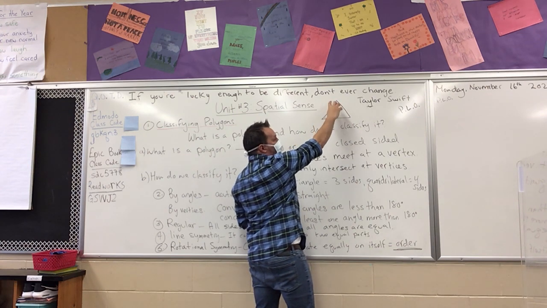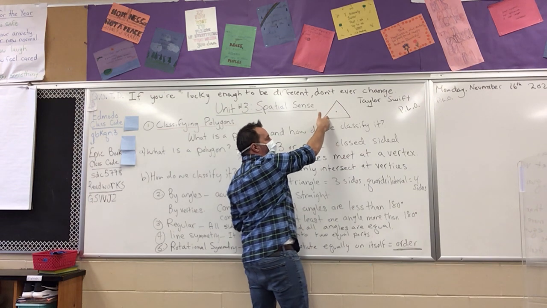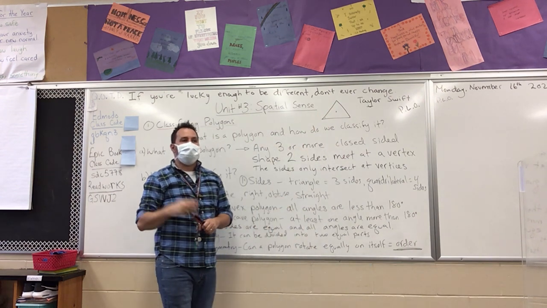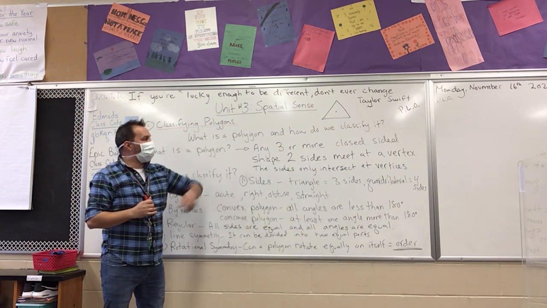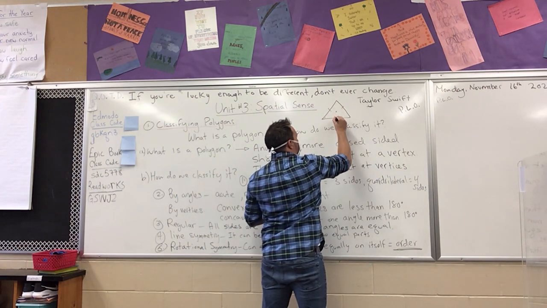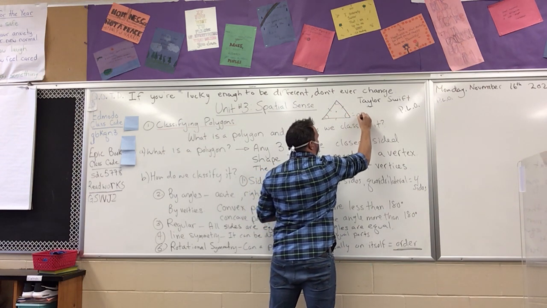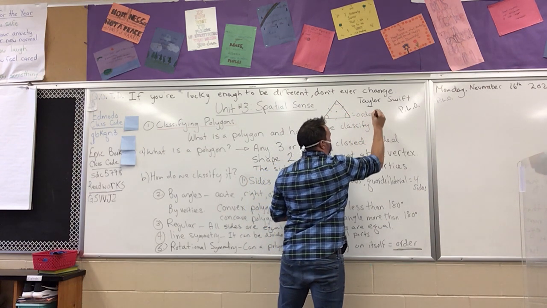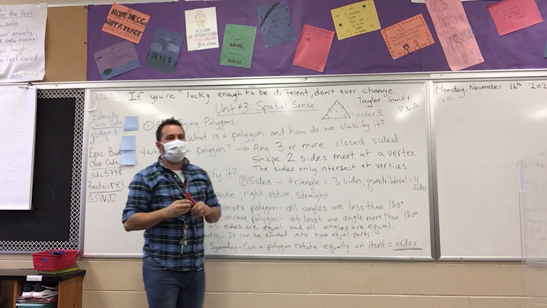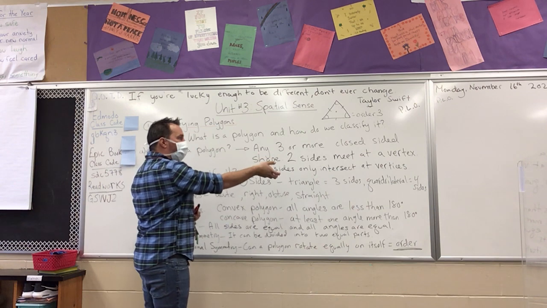Then I rotate it and it still fits, and my dot's over here, that's 2. Rotate it one more time and the dot gets back, that's 3. So we say that the rotational symmetry of this equilateral triangle is order 3. The rotational symmetry is order 3. And we can rotate it around.